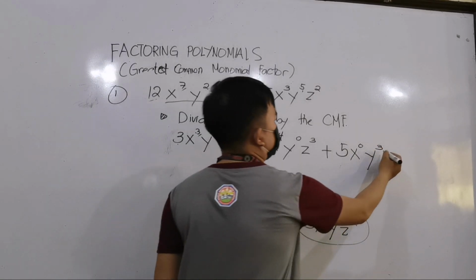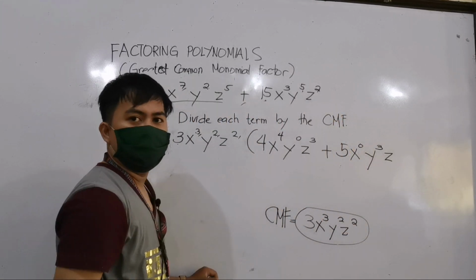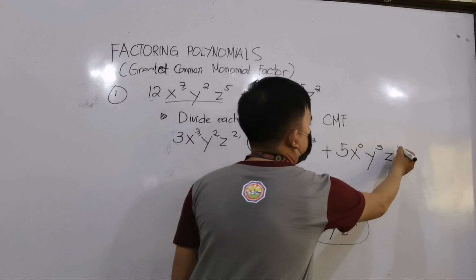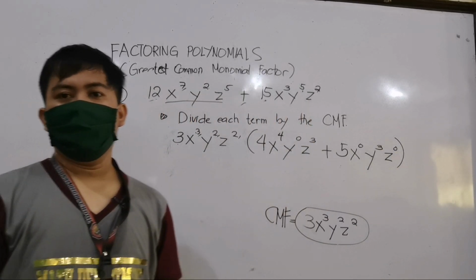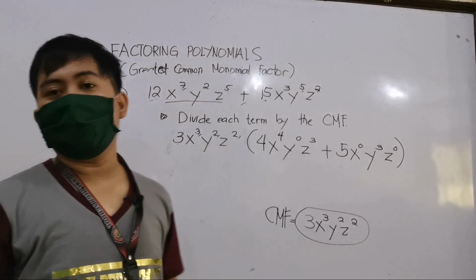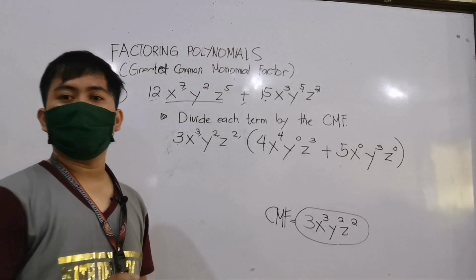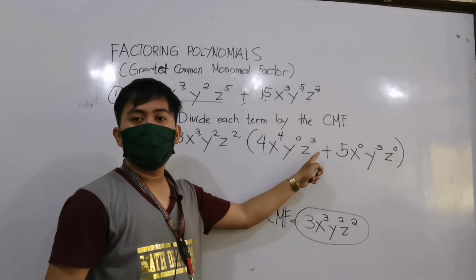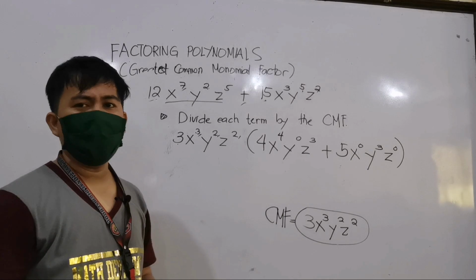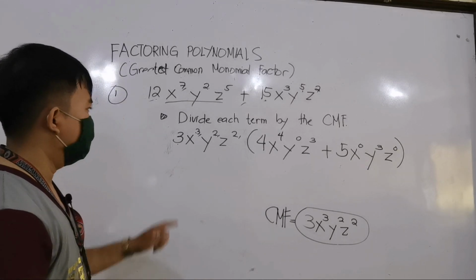And z, 2 minus 2 is 0. Okay. Tapos na po. So, ang next na gagawin natin is we will simplify everything. Especially yung may mga 0 na exponent. Ano pong ibig sabihin nun? Okay, mamaya i-explain ko kung paano.